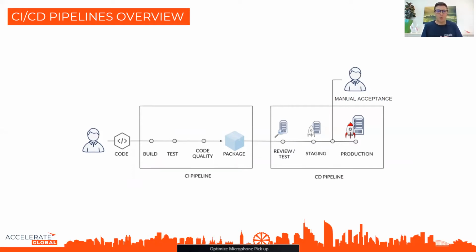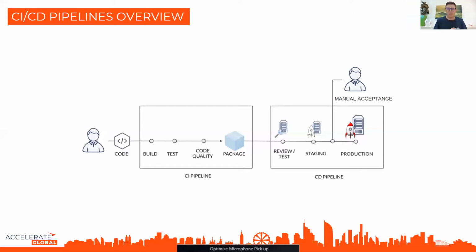And then we have the so-called CI part, which is the continuous integration part. In the CI part, we have a few steps. The first is build. We need to build our backend source code and essentially get DLLs.